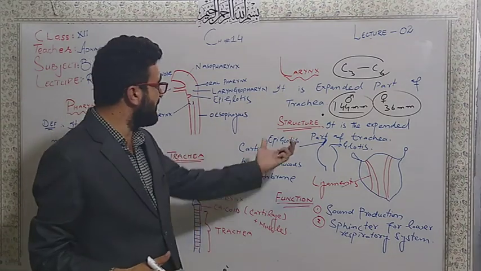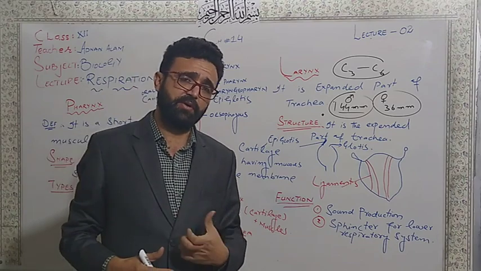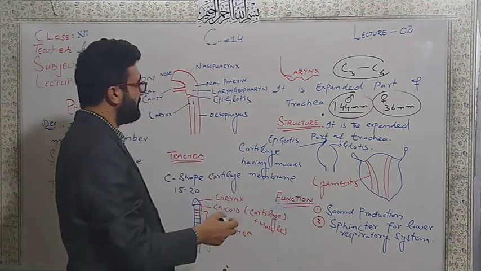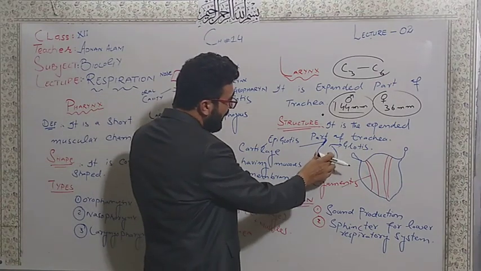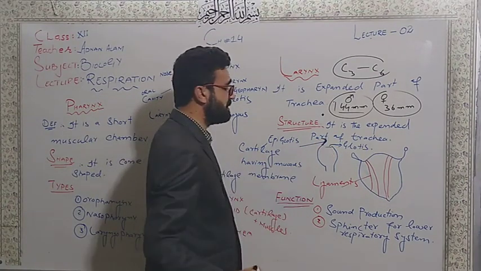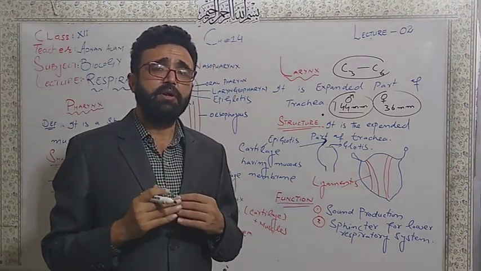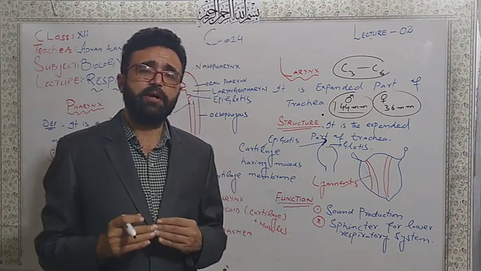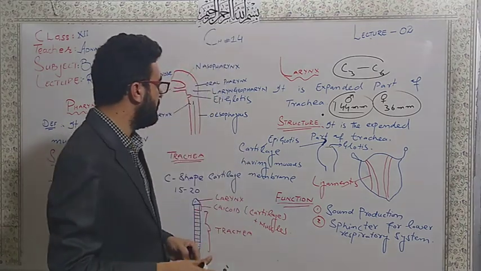It is also called a sound box. The sound box of the male is larger as compared to the female. Now its structure is an expanded part of the trachea. Its upper part is called the glottis, which is covered by the epiglottis. The epiglottis function is that when we are eating, it will prevent the food particles from getting into the air pipe.